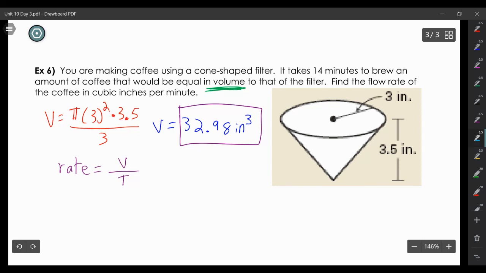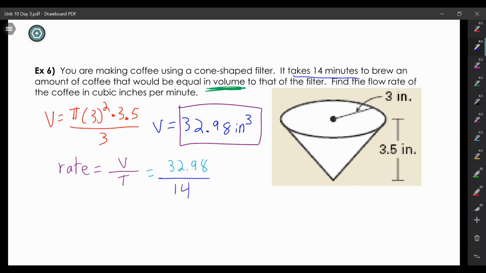We know the volume is 32.98. We also know that it takes 14 minutes to brew coffee. That's a very slow coffee maker, by the way, if it takes 14 minutes. But this is also a large cone-shaped filter that we're using.